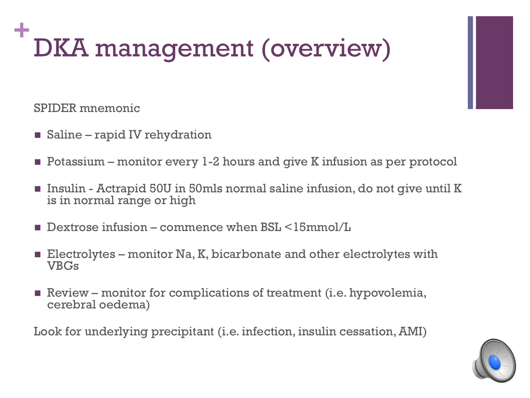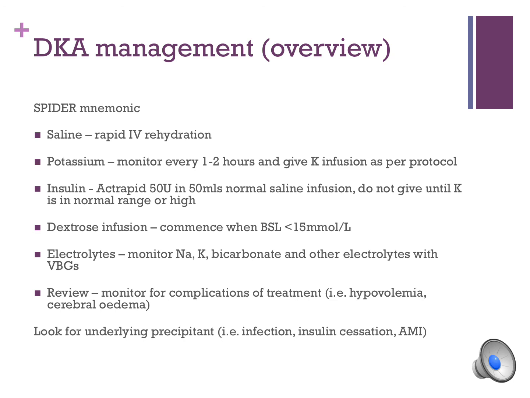With insulin, you would give Actrapid 50 units in 50 mL normal saline as an infusion to bring down the blood sugar levels. Once BSLs are less than 15, you would commence a dextrose infusion to prevent the patient from hypoing. Throughout management, it's important to monitor electrolytes, in particular sodium, potassium, and bicarbonate, and to monitor for complications of treatment such as hypovolemia and cerebral edema.